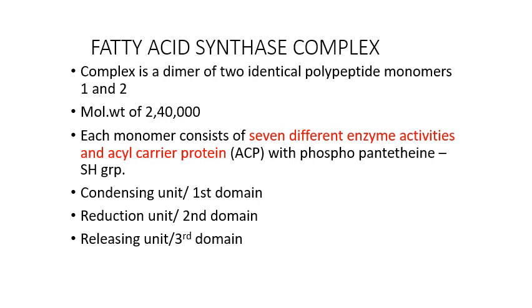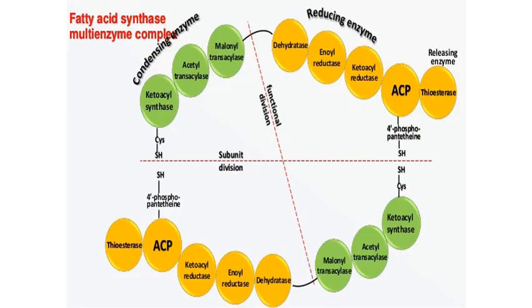Each monomer consists of 7 different enzyme activities and an acyl carrier protein with a phosphopantetheine sulfhydryl group. And it consists of 3 units. One is the condensing unit, second is the reduction unit, and third is the releasing unit, or we can say first domain, second domain, and third domain.